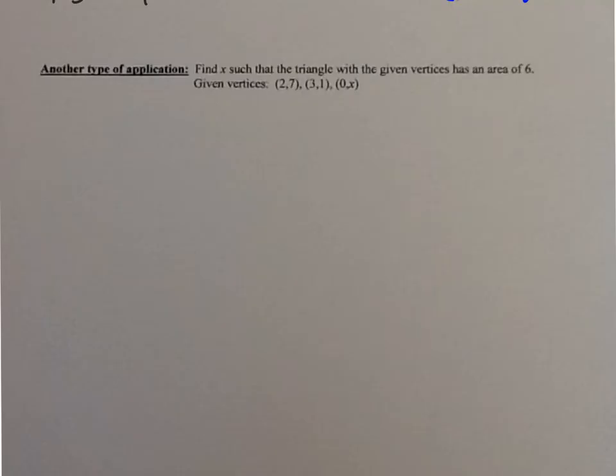Okay, so that would be finding an unknown. Find x such that the triangle with the given vertices has an area of 6. So you're just working backwards with the determinant and the area. So my area has to be equal to 6. So 6 is equal to plus or minus 1/2 the determinant, which is [2, 7, 1; 3, 1, 1; 0, x, 1].